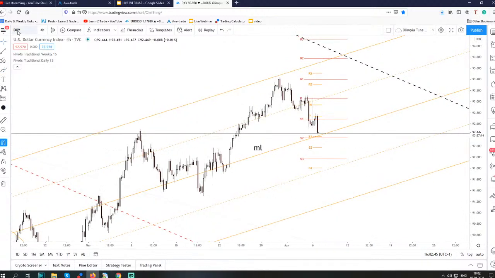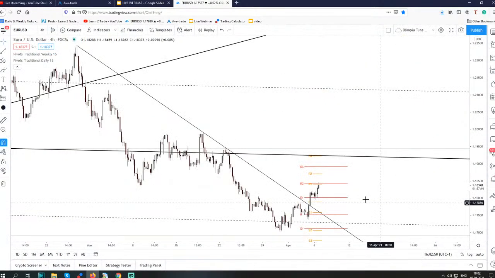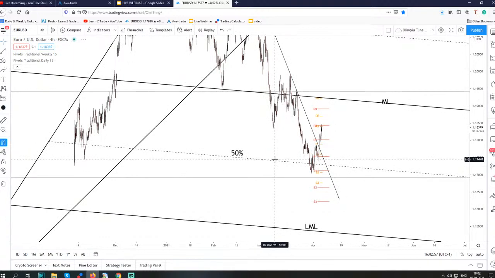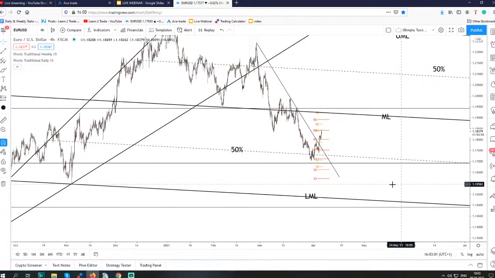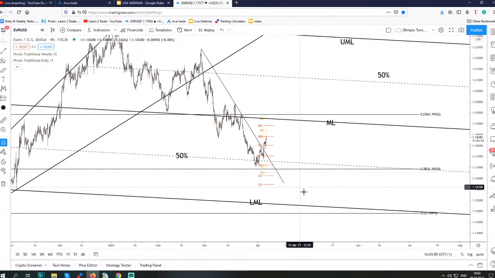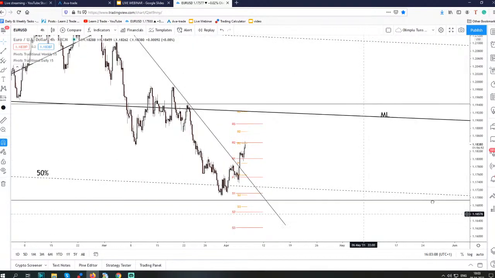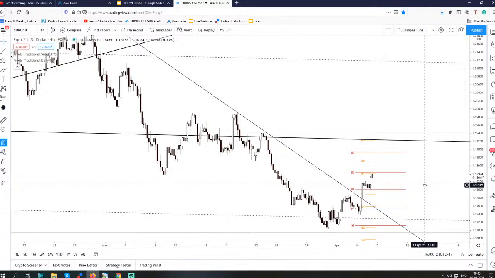So let's take a look at the euro versus the US dollar, and you can see here that the price has found support right on the 50% Fibonacci line, right above the 38.2 retracement level, and in the short term the price has managed to take out this immediate near-term downtrend line.